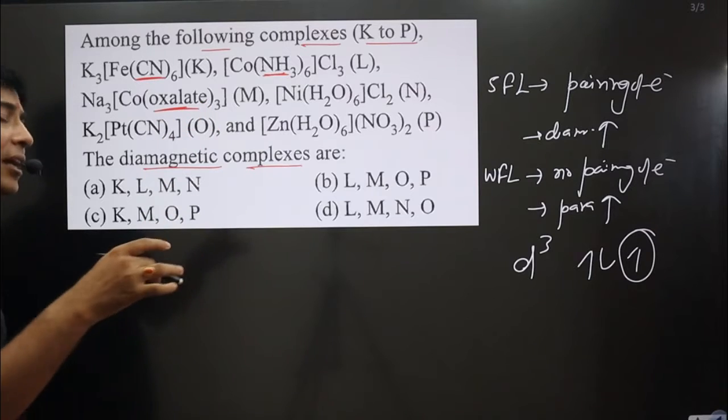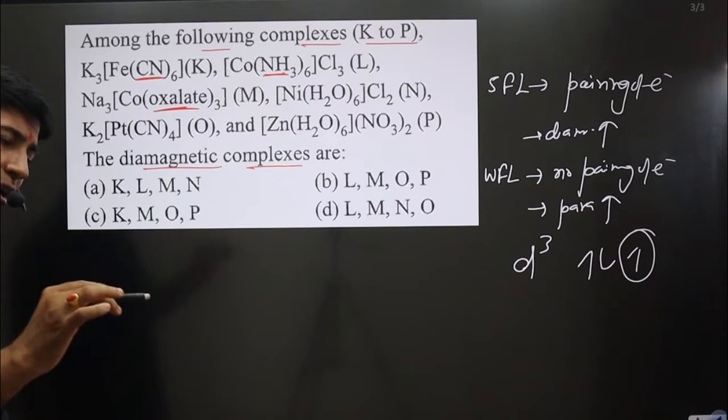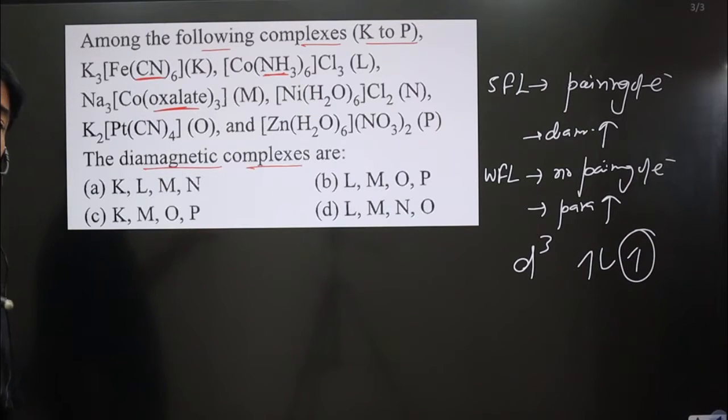You can see it is bidentate, and it is also considered a chelating ligand. Chelating ligands lead to stability of the complexes, and strong field ligands also lead to stability. They cause more splitting, hence we can consider it will also cause pairing of electrons. So in this case also we have diamagnetic character.